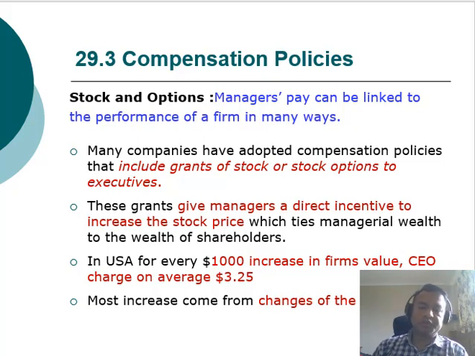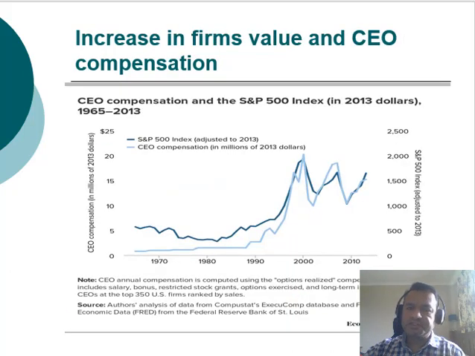So the compensation policy for the managers is a good way of making sure that there is minimum agency conflict and the managers are working to increase the value of the company, which is aligned with the interest of the owners of the company. This slide shows the increase in firm's value and the CEO compensation from the 1970s till 2015.